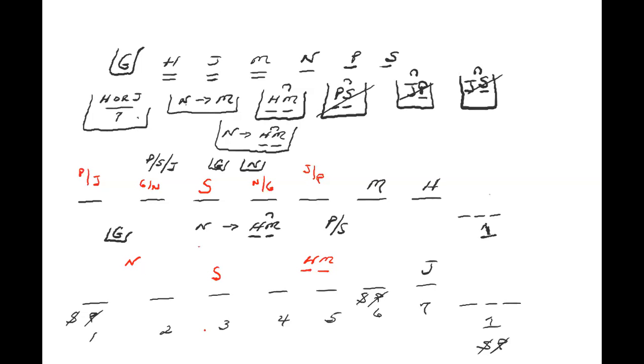Because I can't put the P next to the S, right? This can't happen. I can't put the P next to the J. That can't happen. So there's no place for this to work. There's no place for me to harmonize the constraints I have with this bottom hypothetical. This would be time consuming.